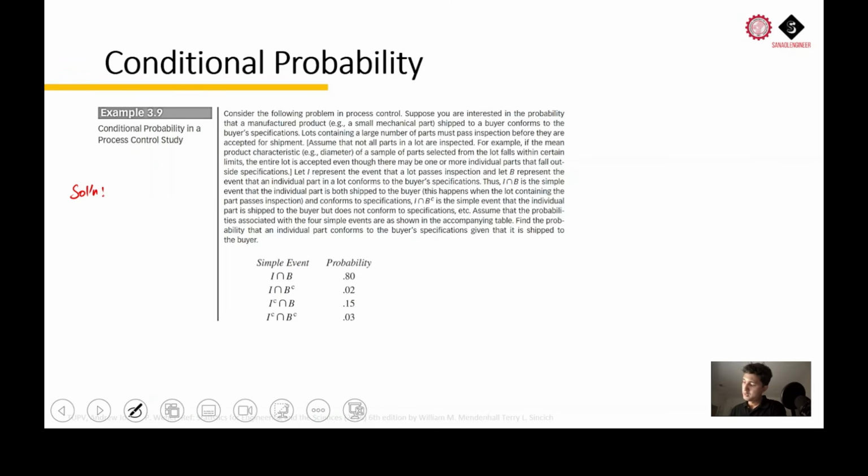Okay. The probability of the intersection of I and B is given already, which is 0.80. That is 80%. And this probability is not conditional probability, but it is unconditional.